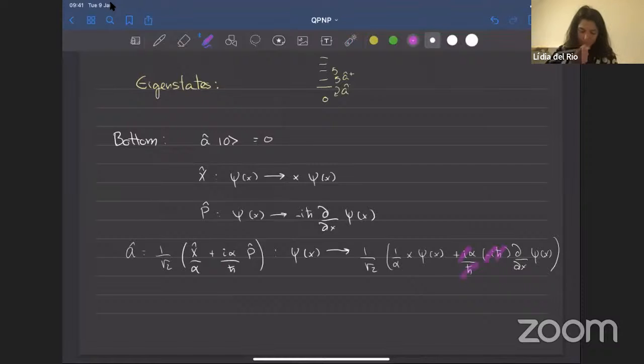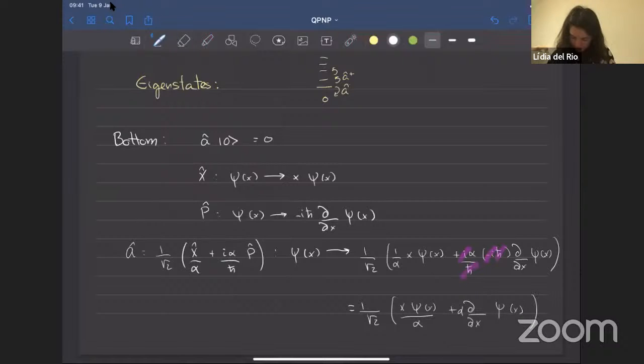So then we just have 1 over square root of 2 of xψ(x)/α plus α dψ/dx. Okay, good.